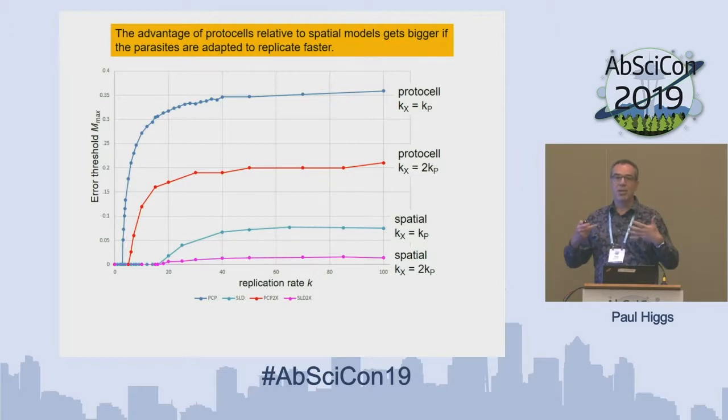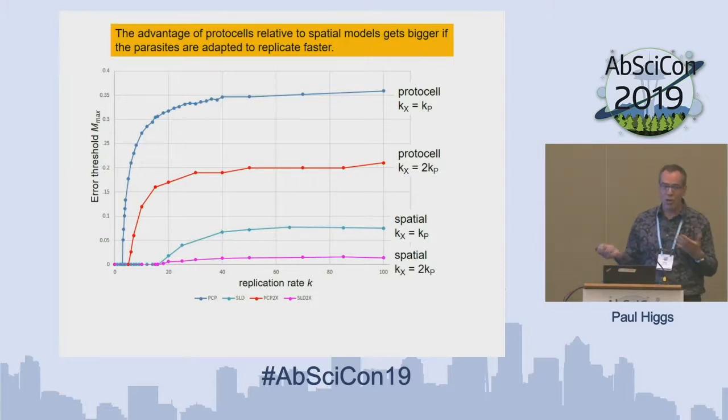So the parasites can adapt to be better than the polymerases themselves, and this mechanism of protocells or spatial models both save you from being killed by the parasites. But what happens then is that the error thresholds come down: the red curve is below the blue curve in both cases, right?